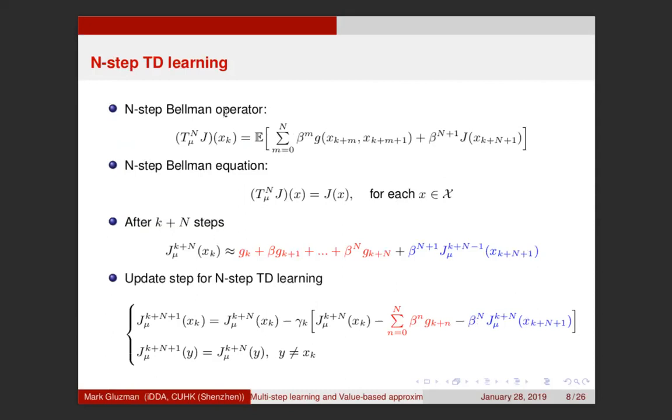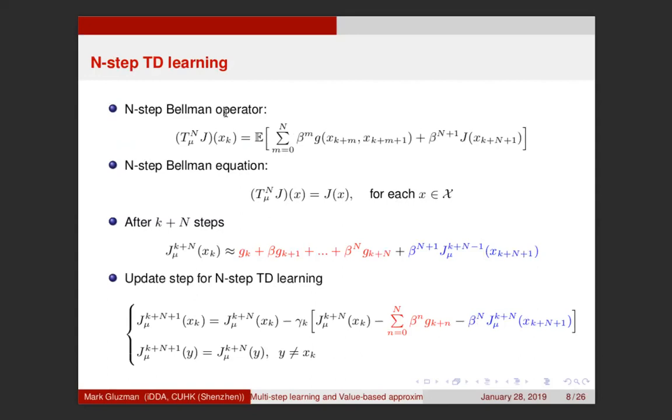So what is n-step TD learning? Basically, at step xk, we wait n steps. After step xk, we make n transitions, and while we make these transitions, we accumulate the following cost, in red, after n iterations.